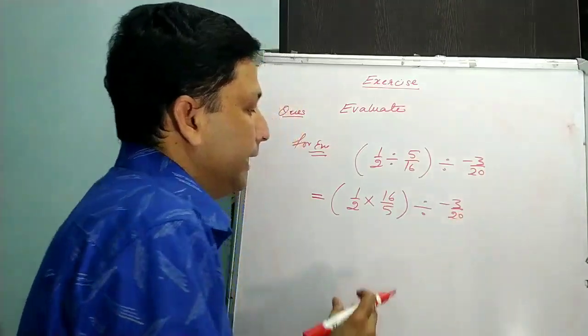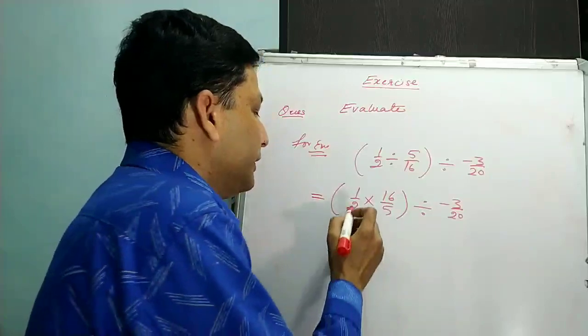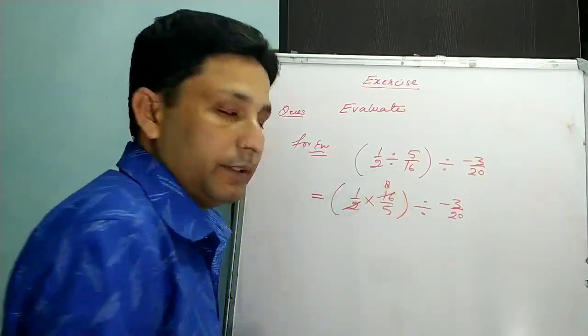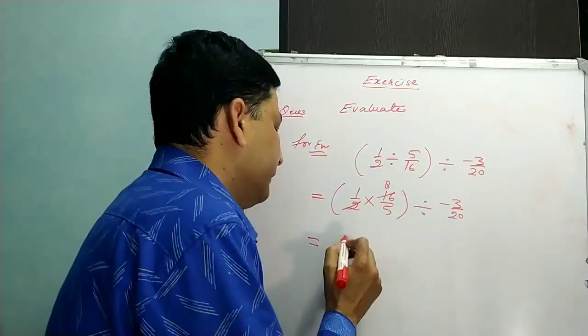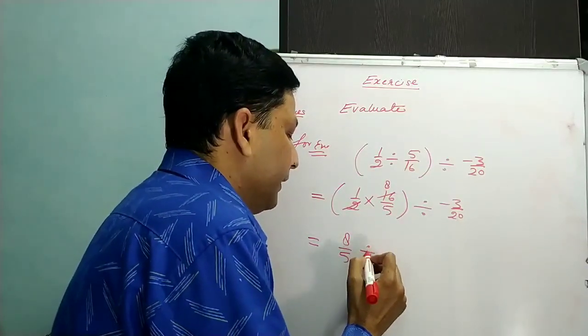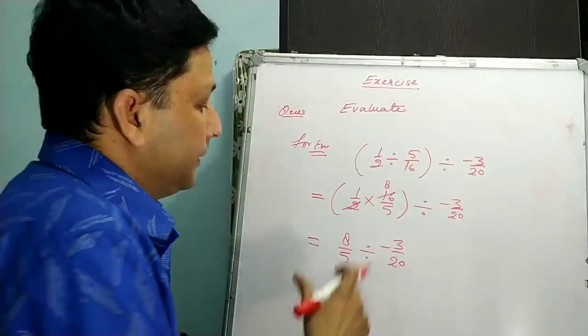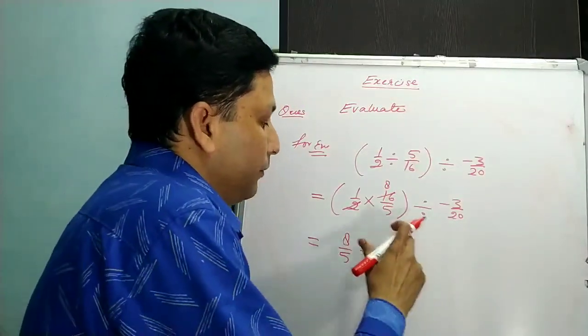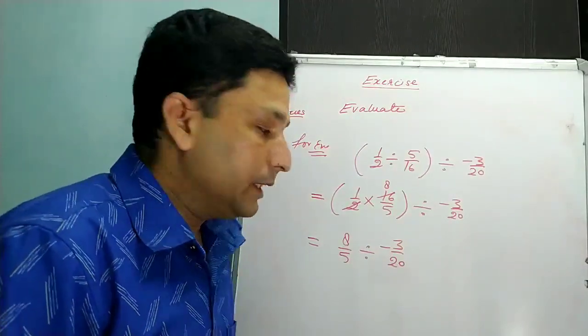Here you can see that this 16 can be divided by 2 for 8 times, so here we will divide to each other, and in the further step we will write 8 ones are 8 upon 5 divided by minus 3 upon 20. Again you can see that the divide symbol is present before minus 3 upon 20, so we will do the reciprocal in the next step.